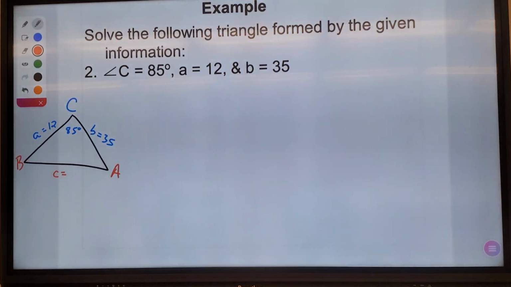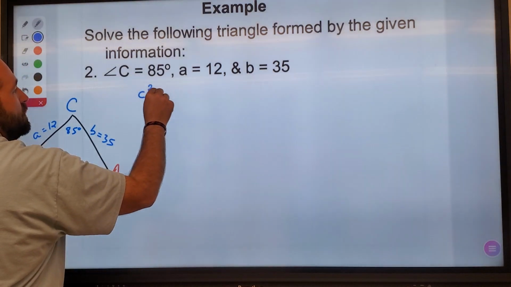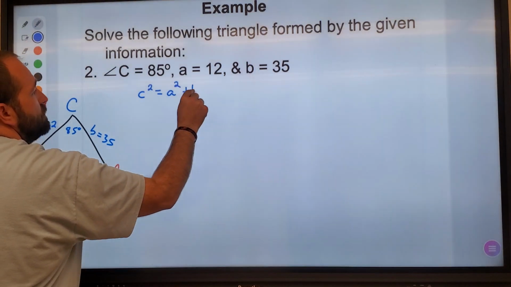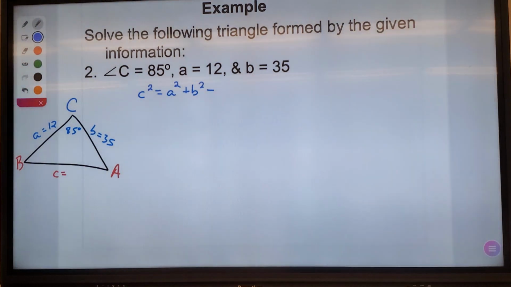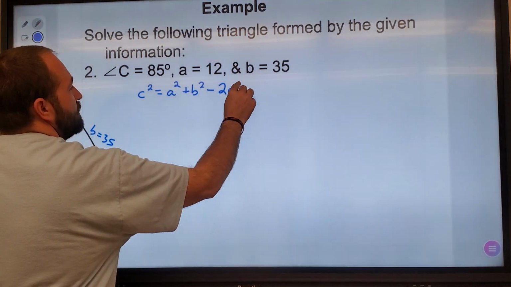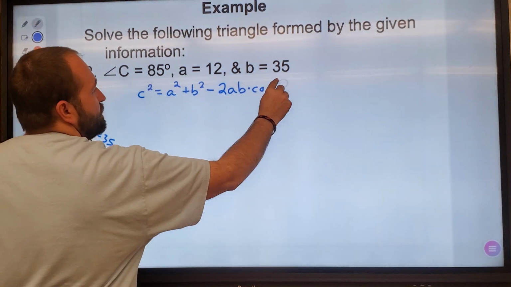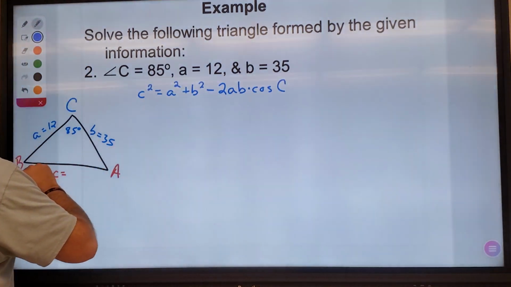So here, because angle C is given, we're going to use the one that starts with C. So that equation was C squared equals the other two squared added together, so A squared plus B squared minus 2 times A times B times the cosine of angle C, so 85 degrees.